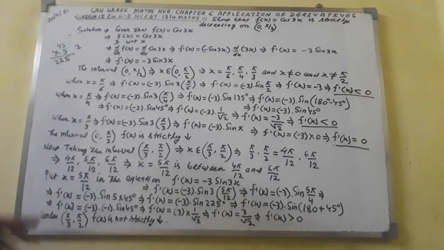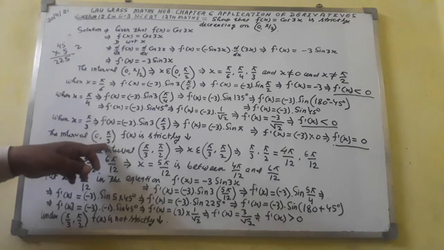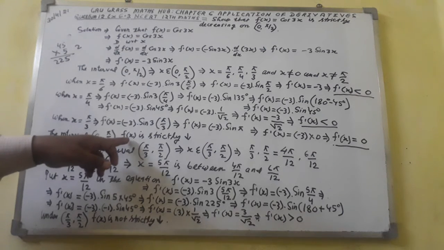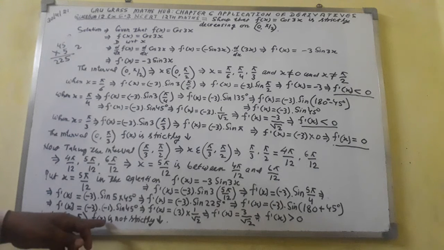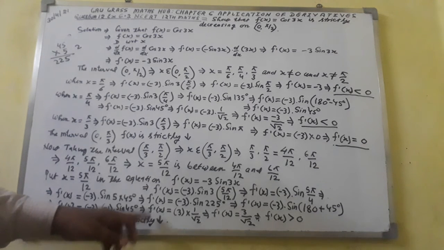So here you can see in this open interval 0 comma pi by 3, f of x is strictly decreasing. Under open interval pi by 3 comma pi by 2, f of x is not strictly decreasing.